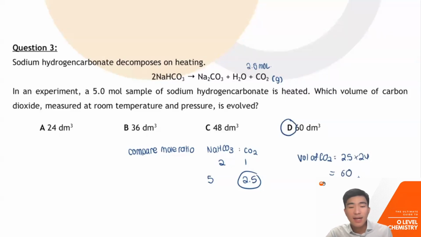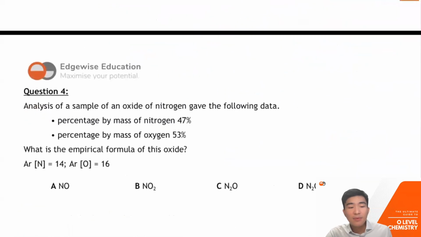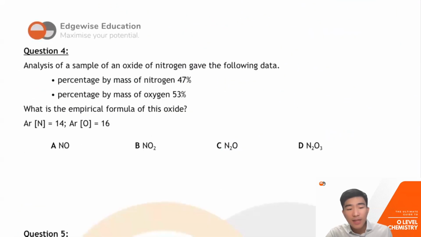Okay, we move on to question number 4. Question number 4 tells you to derive an empirical formula.